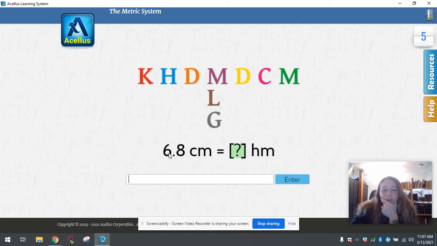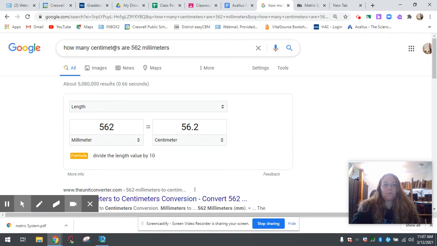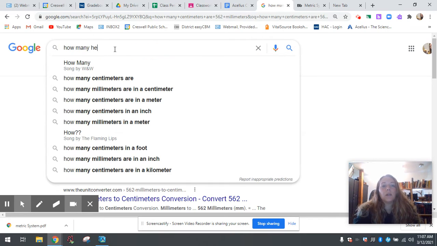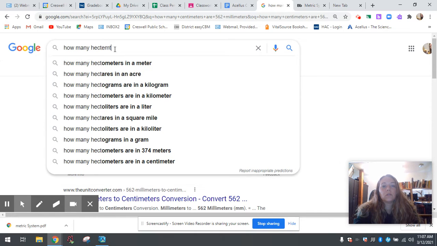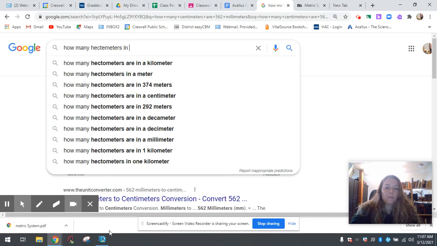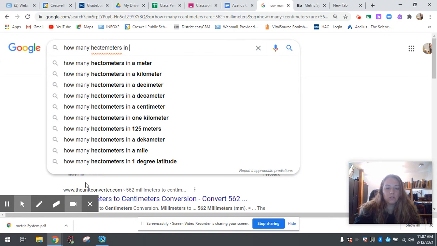All right. 6.8 centimeters is equal to how many hectometers? How many hectometers in 6.8 centimeters?